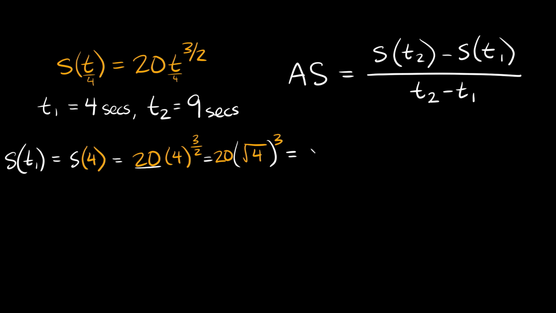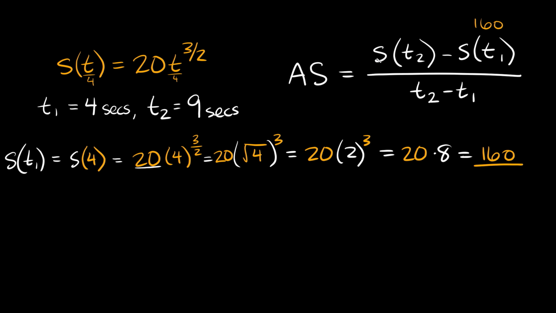This is going to be equal to 20 times, and the square root of 4 is equal to 2, so here we really have 2 cubed. 2 cubed is equal to 8. So we get 20 times 8, and that's equal to 160. So s of t sub 1 is equal to 160, and we're going to plug in 160 right there in the formula.